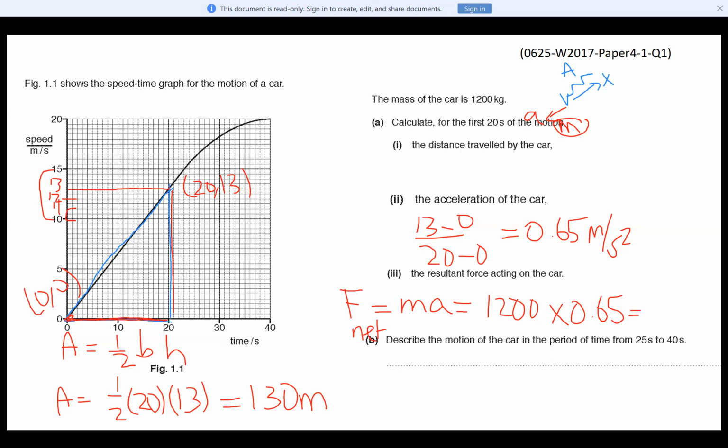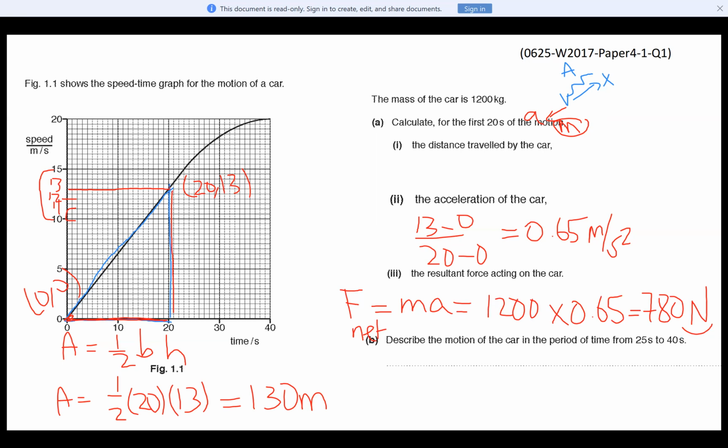I will use my calculator. And the final answer would be 780 newtons, because the unit for force is newtons. So 780 newtons would be the final answer.